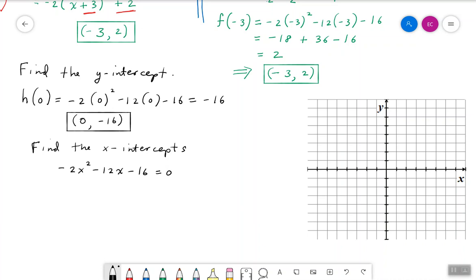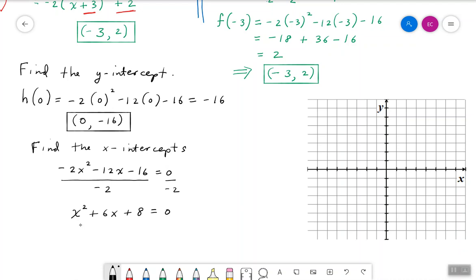And probably the quickest way to handle this would be to divide off negative 2 on each side, and that'll leave us with x squared plus 6x plus 8 equals 0.